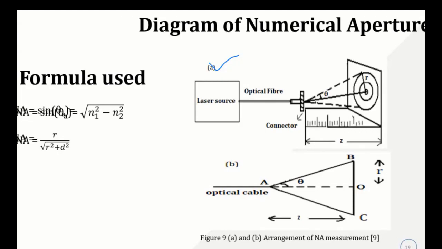When you are not using the detector but are using a screen, you get this circle on the screen, and when you move this screen you will get a different radius of the circle, and you have to adjust it in a way that the intensity of that circle should be maximum.